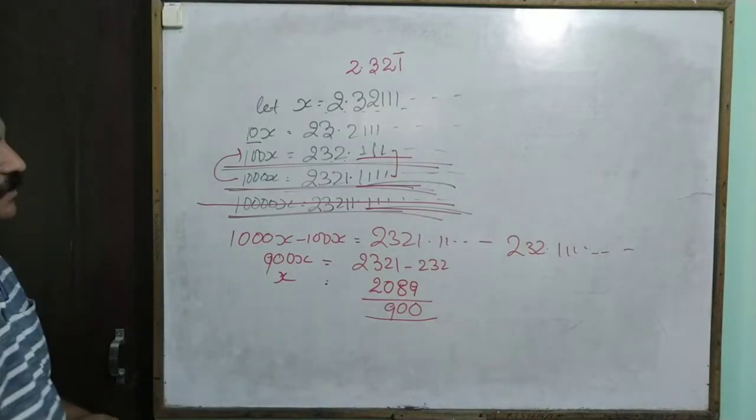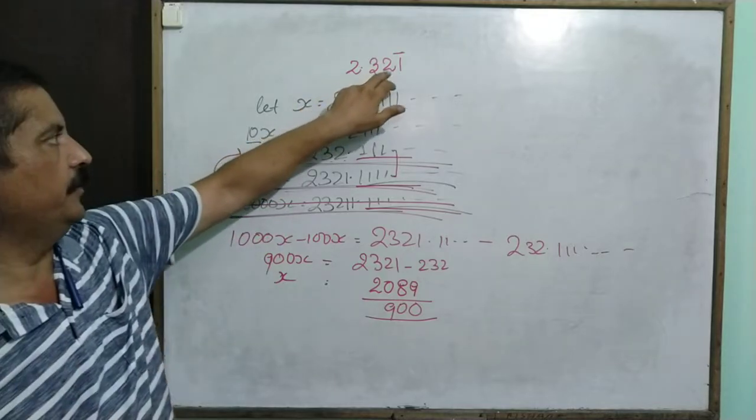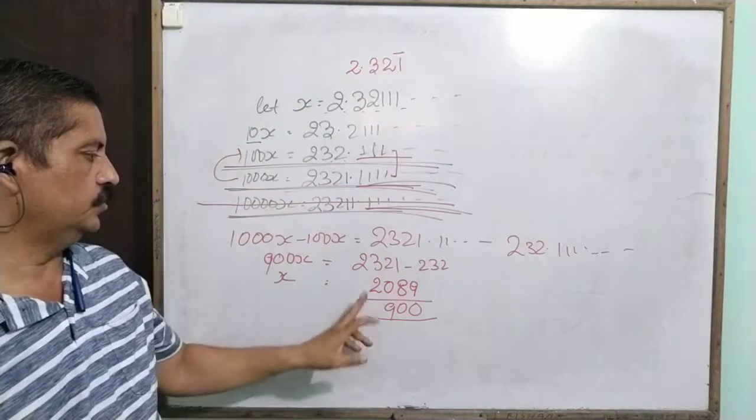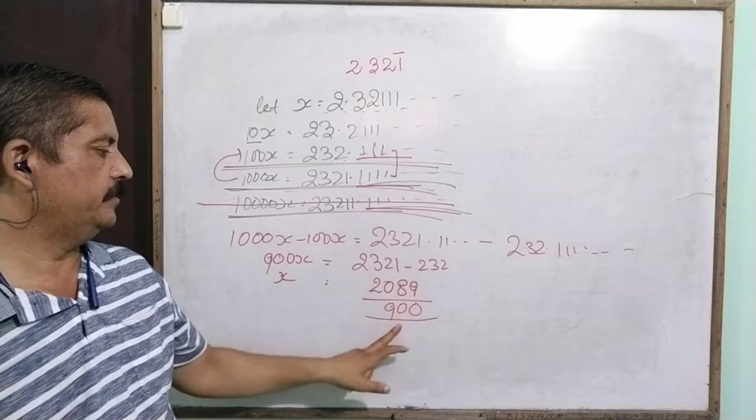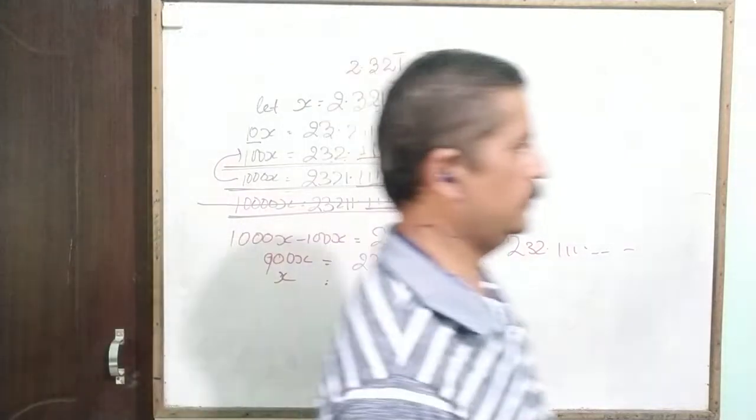So the value of 2.321 bar equals 2089 by 900.